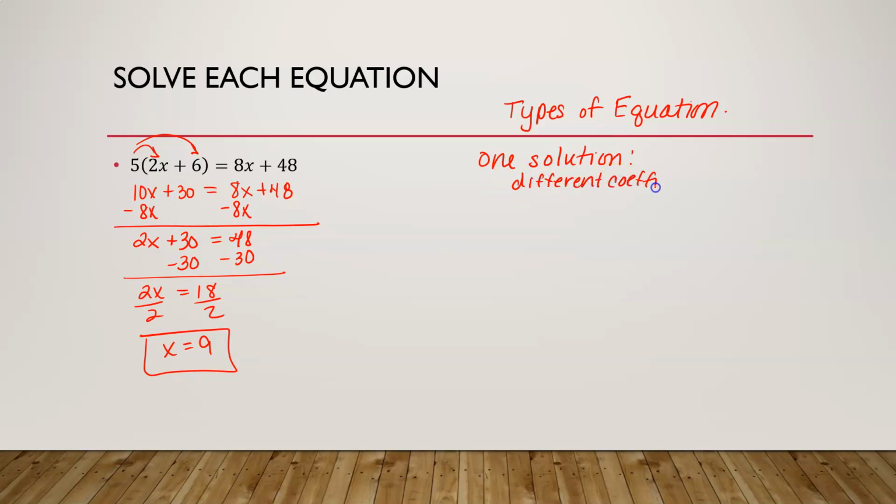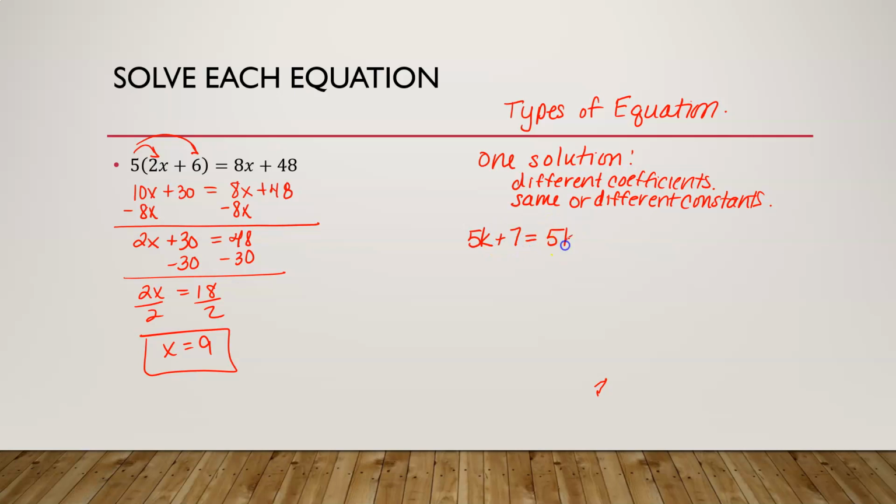I'll show you in a minute what it looks like. Different coefficients and the same or different constants. Let me give you an example. So one solution, so different coefficients, that's the number before the variable, and the same or different constants.